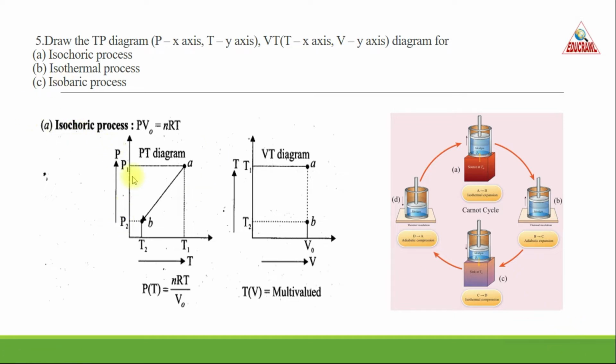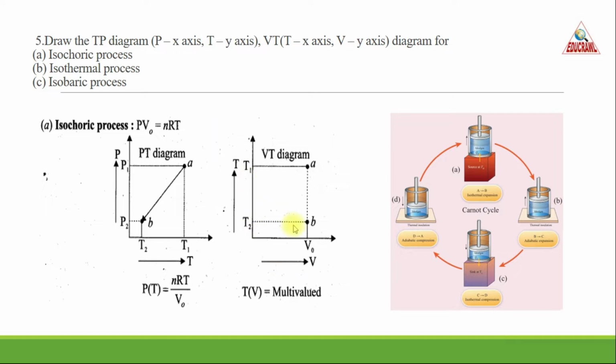First we shall draw the PT diagram for isochoric process. So you can see x-axis temperature is taken, y-axis pressure is taken. So as the temperature is increasing, see the graph, the pressure is also increasing. So it is a straight line. This is the PT graph.